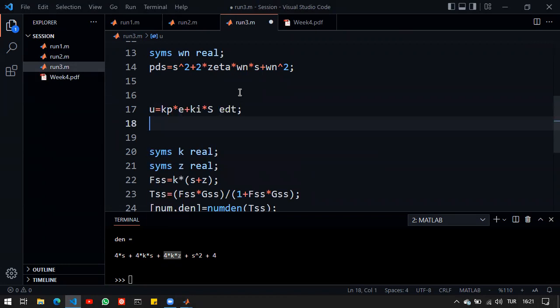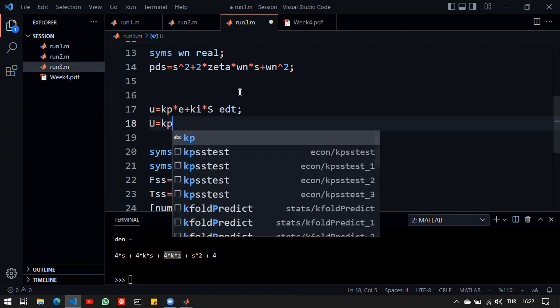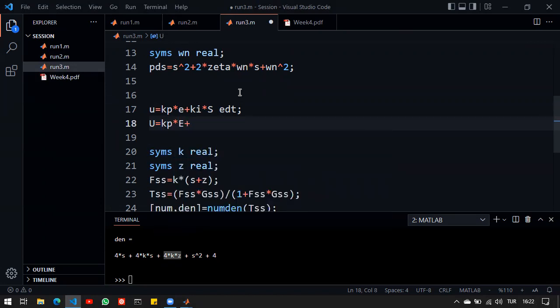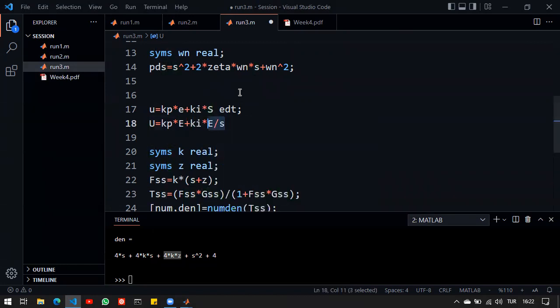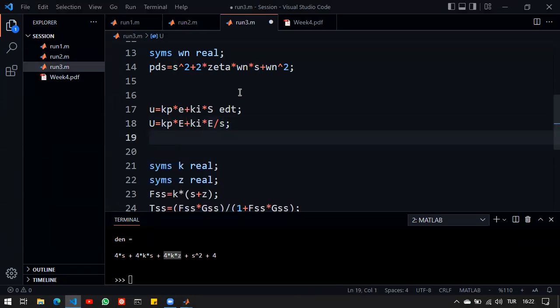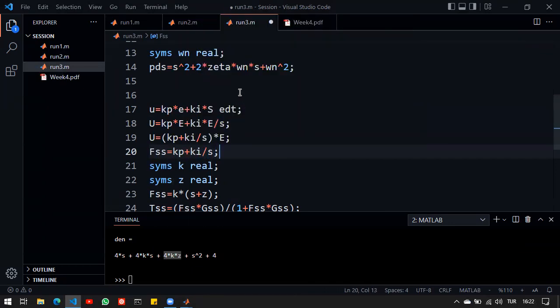Now again, in the Laplace transform, this would be Kp times E plus Ki times E divided by S, because dividing by S is integral, multiplying with S is derivative effect. So now I can also factor this one out: Kp plus Ki divided by S. There we go. Now again, the controller transfer function in this case looks like Kp plus Ki divided by S.